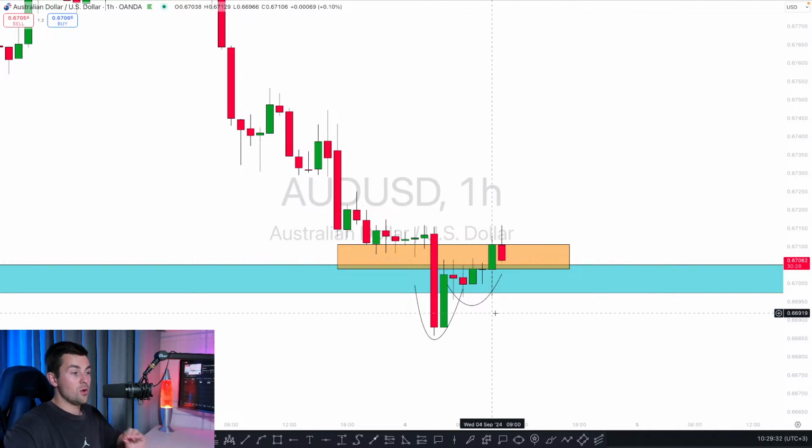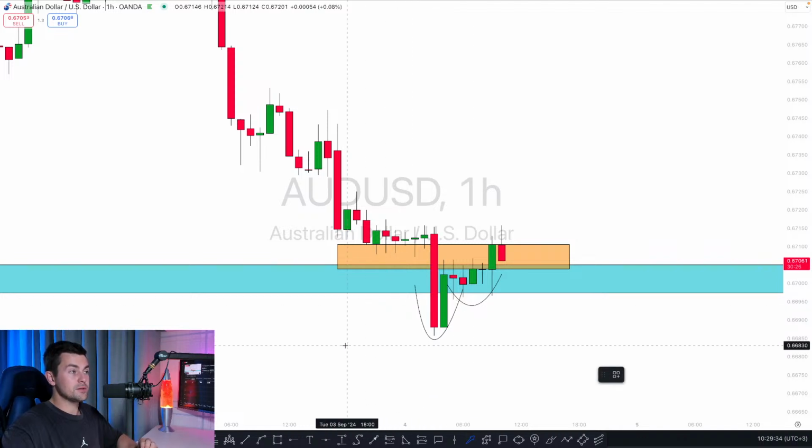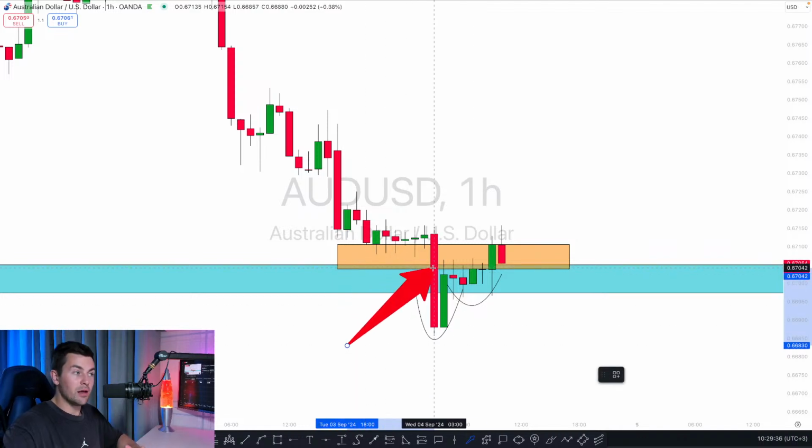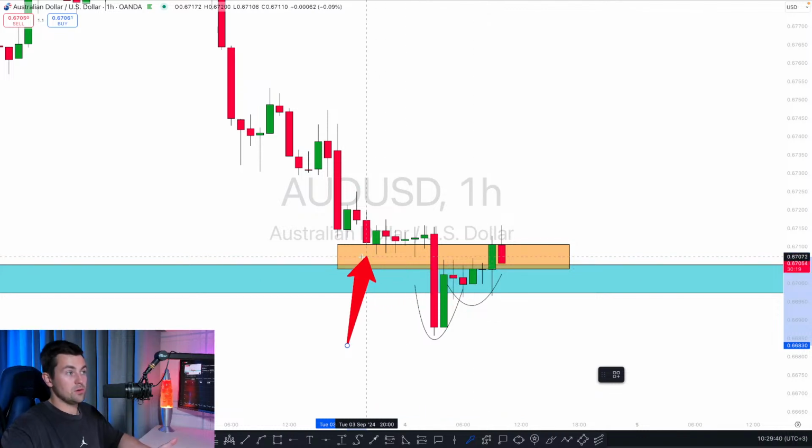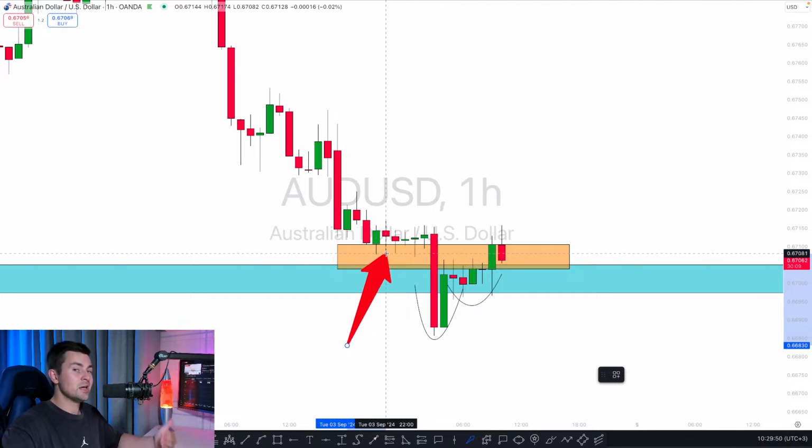pattern. Why? Because you can see that the neckline of the pattern here is a very strong resistance. You can see that clearly in the recent past, the neckline was a strong support. It was respected by the market many times. We saw very strong bullish reactions to that support.